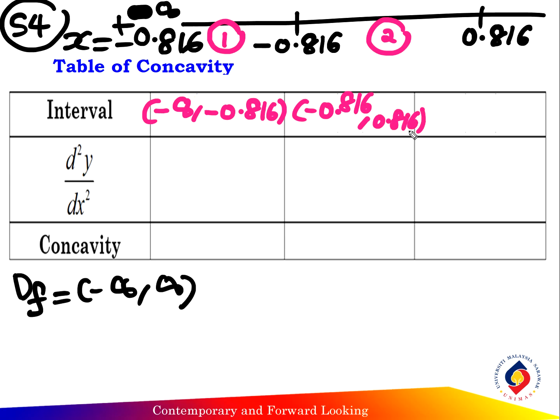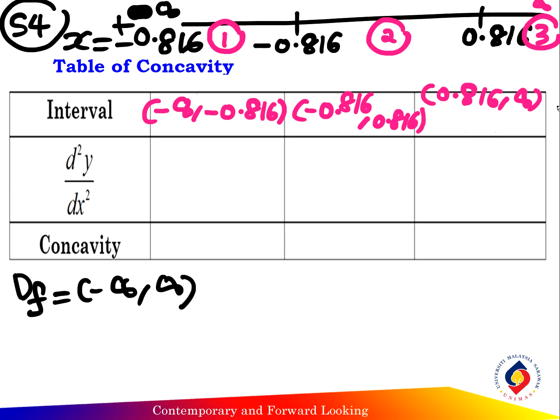And the second interval is between negative 0.816 and positive 0.816. And the third interval here is between positive 0.816 and positive infinity. So there are three intervals for the quartic function here.